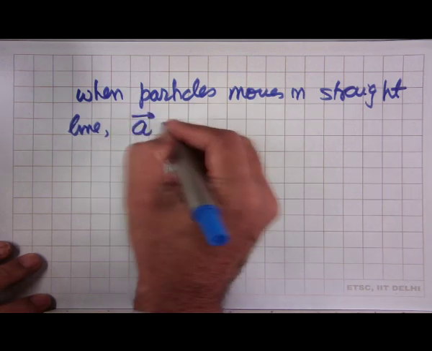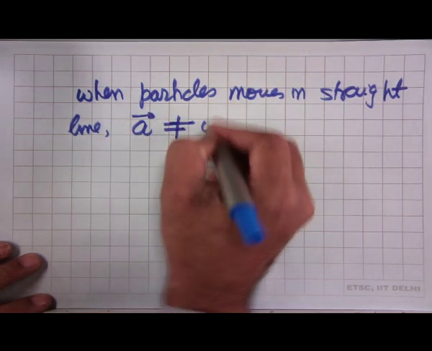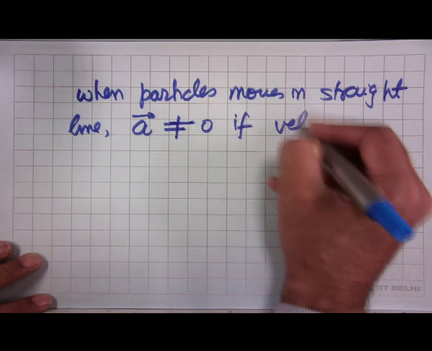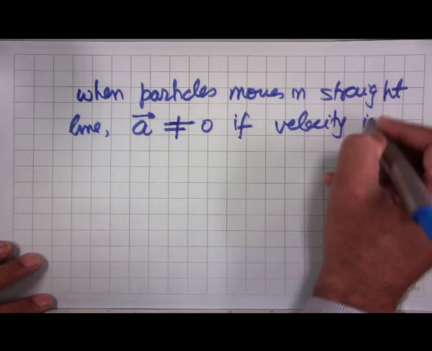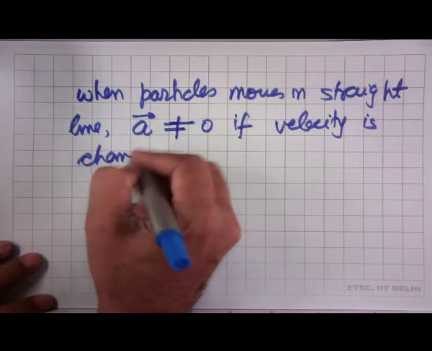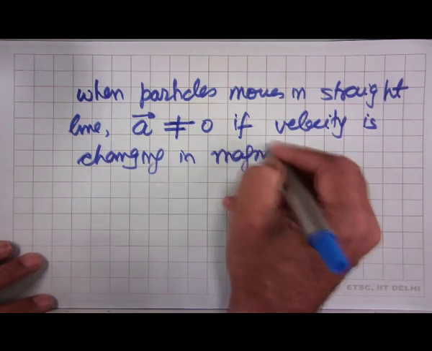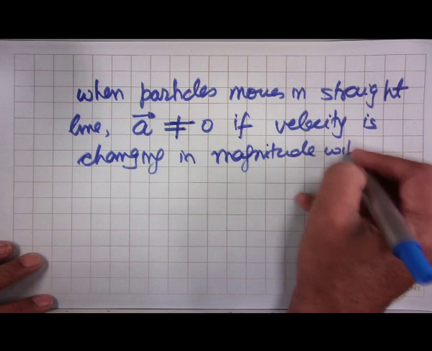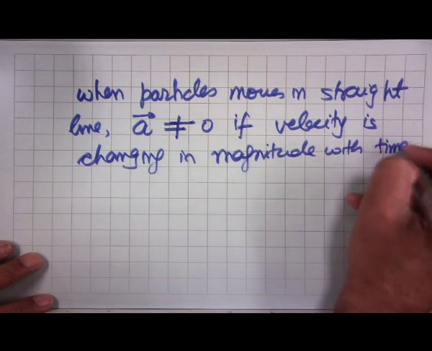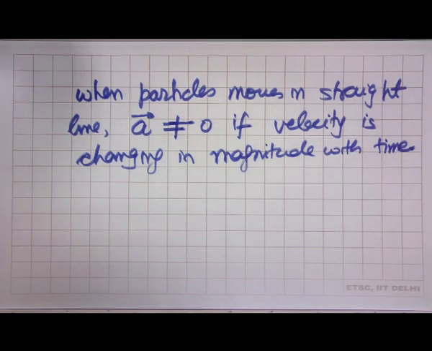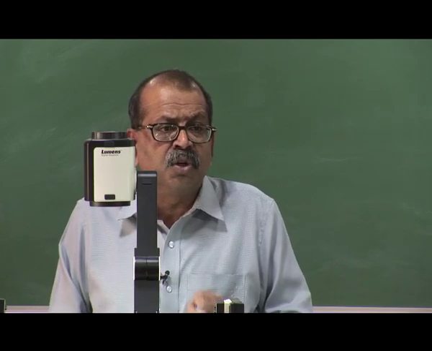When the particle moves in a straight line, acceleration is not equal to 0 if velocity is changing in magnitude with time. That means the speed of the particle has to change with time for acceleration not to be 0.